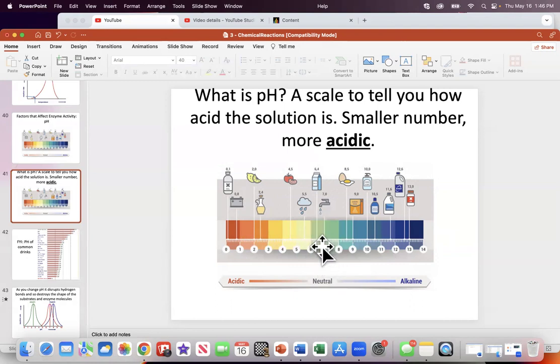7 means neutral, and when it's higher than 7, it's basic. And when it's smaller than 7, it's acidic. From 0 to 6.9 is acidic, and from 7.1 to 14 is basic. If the number is smaller, it's more acidic. If the number is bigger, it's more basic. So that's the pH.